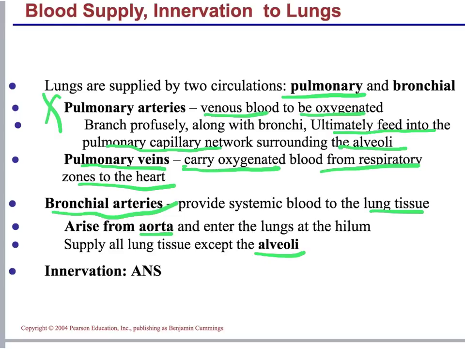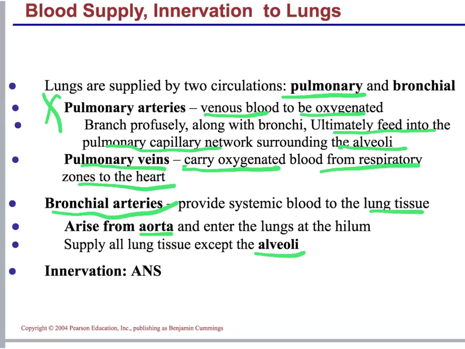Now, the innervation by the autonomic nervous system, I know I've written that down. Let me see, where is this? Okay, so the innervation of the lung tissue by the autonomic nervous system. If you remember from first anatomy, the autonomic nervous system has sympathetic and parasympathetic divisions.